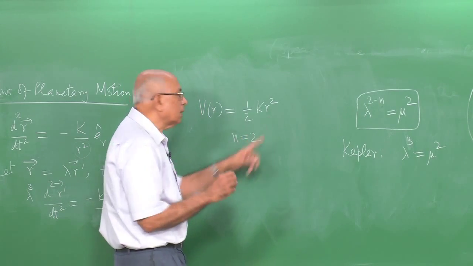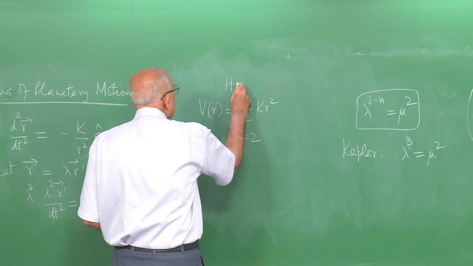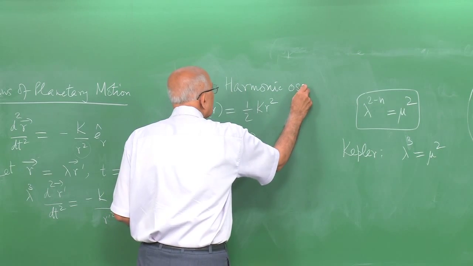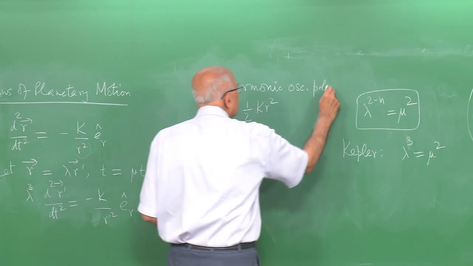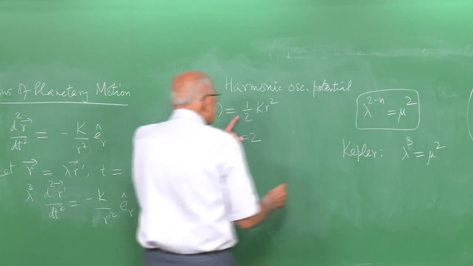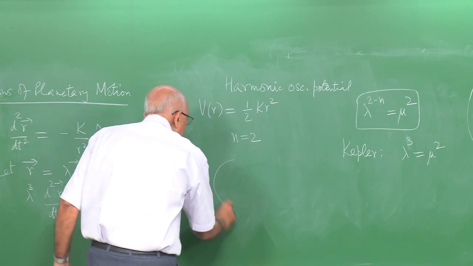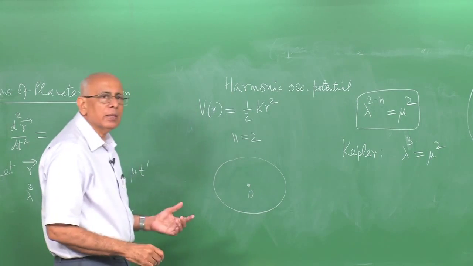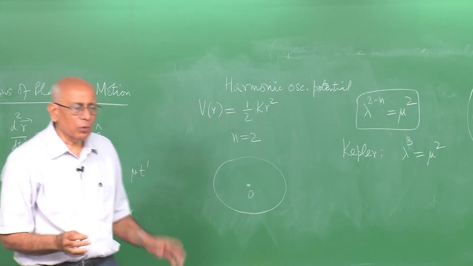The difference is, in this case, this is the harmonic oscillator potential. And the difference in this case is that the orbits are ellipses with the center of attraction at the center of the ellipse rather than either of the foci of the ellipse.